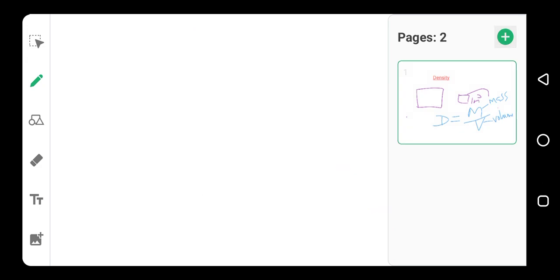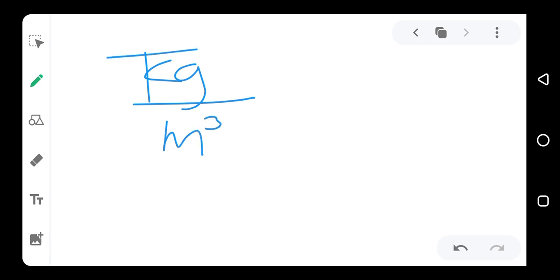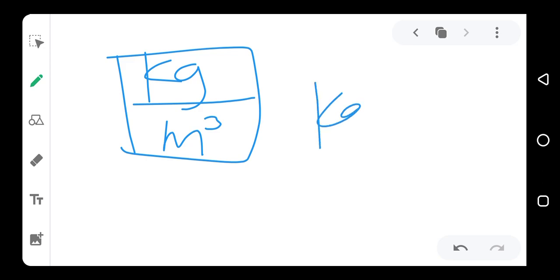Now, since we know that mass is measured in kilogram, when we talked about measurements, mass is measured in kilogram and volume is measured in meter cube. Therefore, this is the unit of density, kilogram per meter cube.